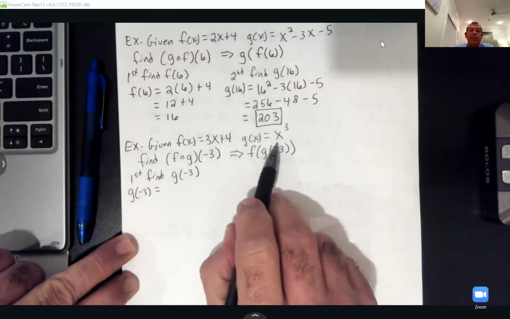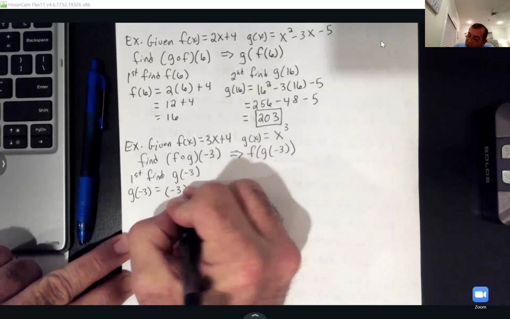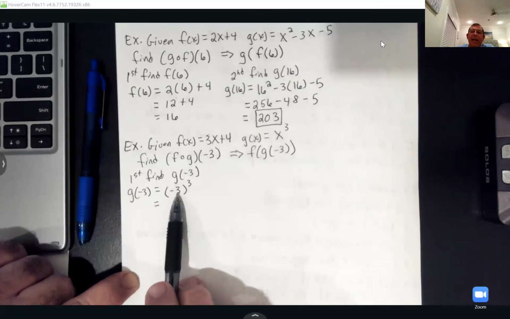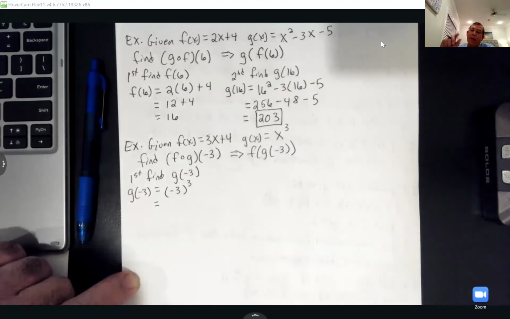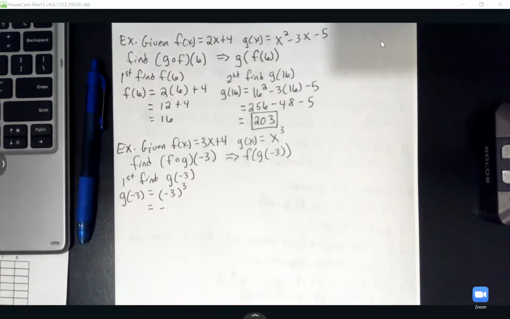All right, well, G is just the x to the third. So that's going to be -3 to the third power. And y'all remember, negative times a negative times a negative, when you got an odd number of negatives, that will stay negative.